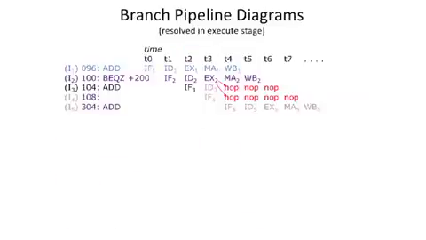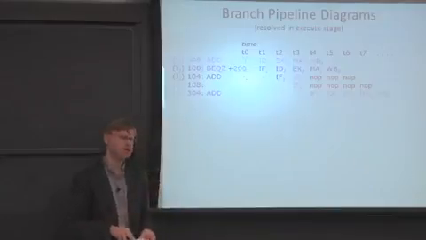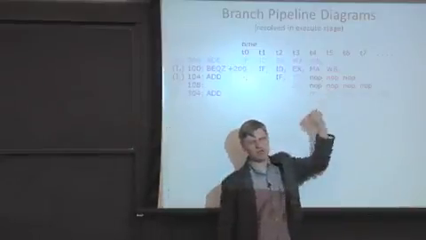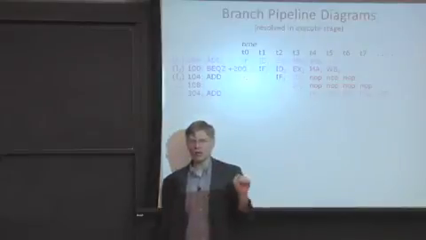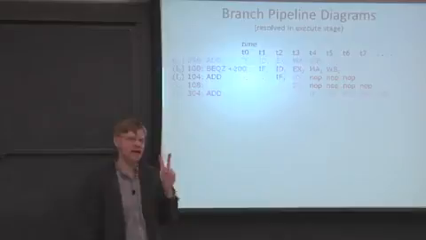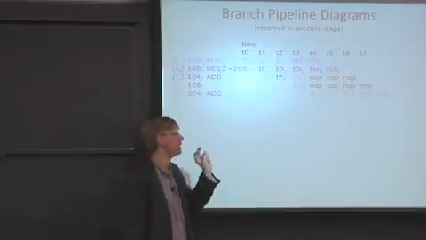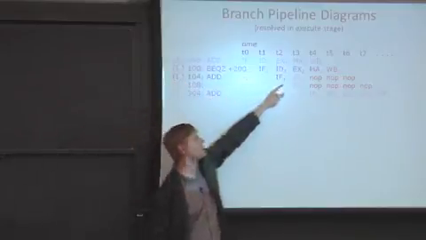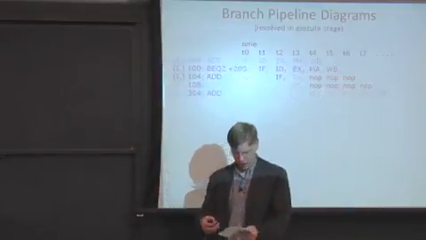Let's look at this from a branch pipelining perspective. We'll draw the pipeline diagram for a branch executing for our example. What you're going to notice real fast here is if you take a branch and you actually execute the branch and take the branch, you're going to be adding 2 extra instructions here, in this case 104 and 108, and they get killed as they go down the pipe.